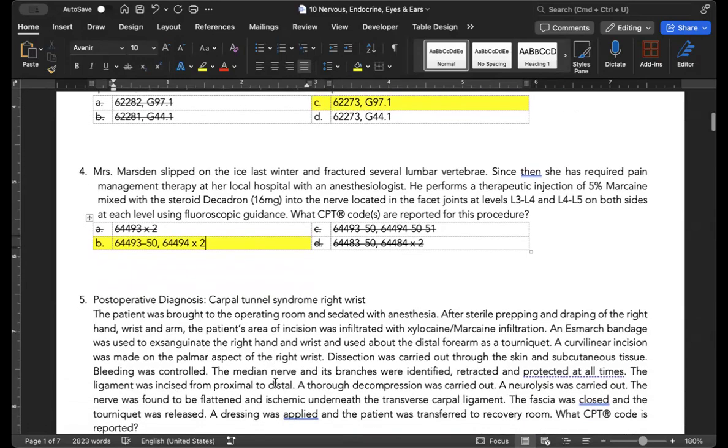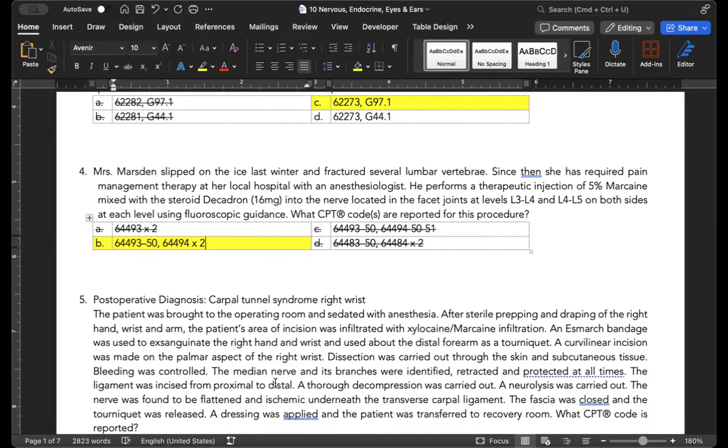So this one, especially when you're doing injections within the spine like this, make sure that you're paying attention to the ones that should have 50s and the ones that should be multiple units. If they are an add-on code, so the 64491, 92, 94, and 95, those should all have 2 units if it's done bilaterally.